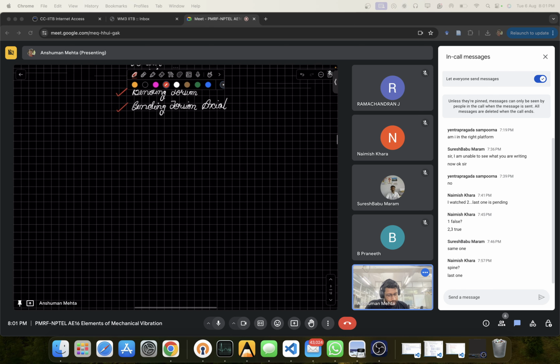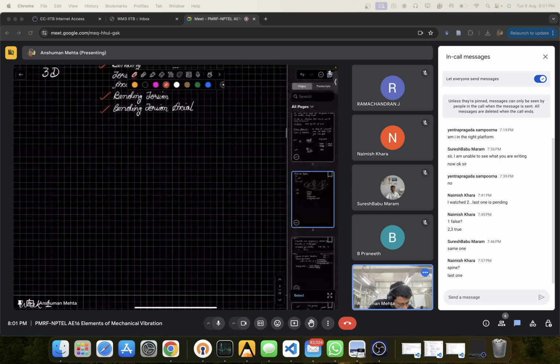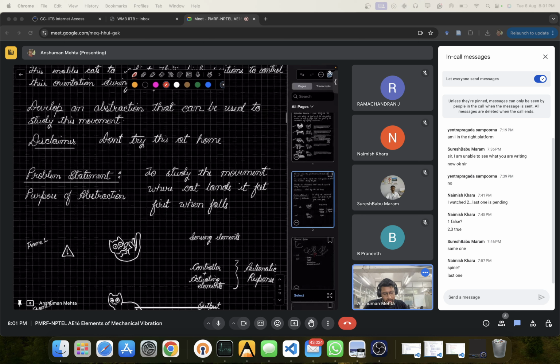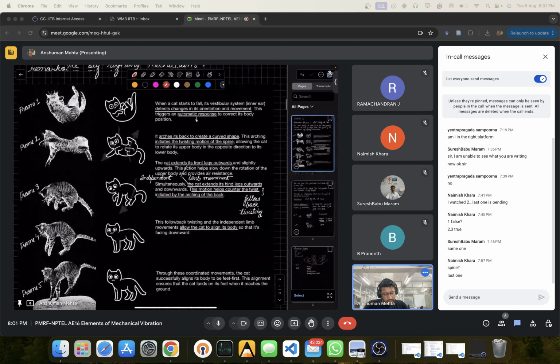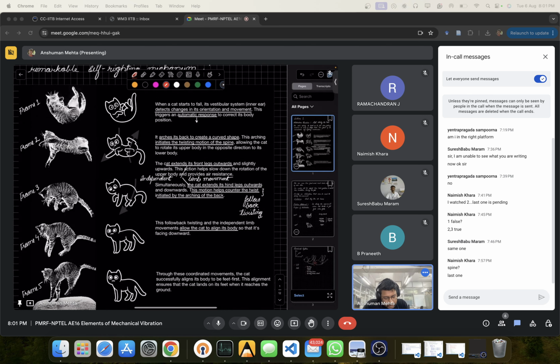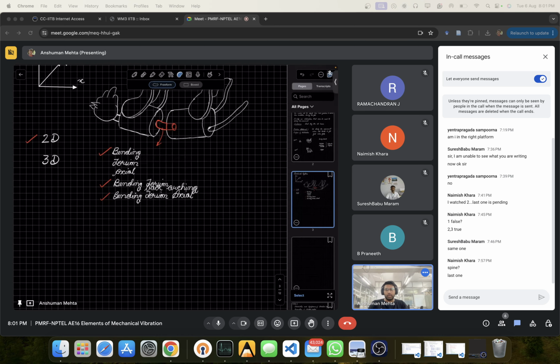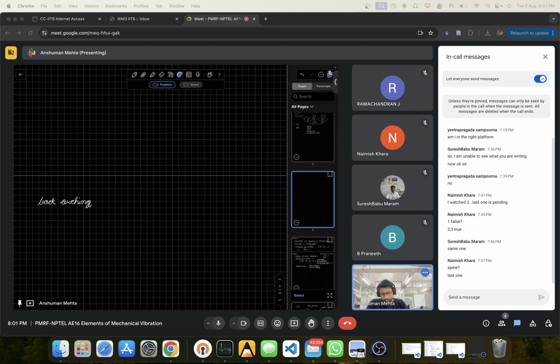Now we will draw these frames one by one and see what actually is happening. The first frame, you can see, there is a back arcing. So back is making an arc. That essentially means that it is a bending problem. So in the option where there is bending, we will talk from there.